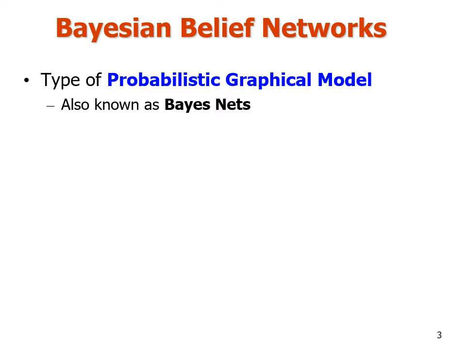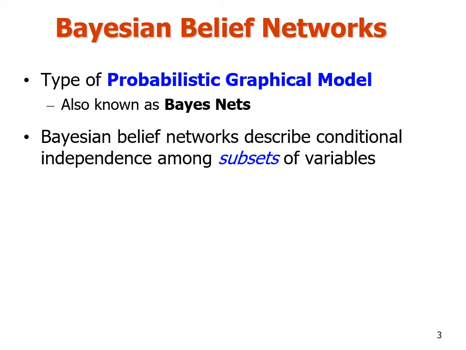But in contrast, Bayesian belief networks allow us to state conditional independence assumptions that apply to a subset of the variables, meaning it is allowed under Bayesian belief network to provide the conditional independence assumptions for a particular set of variables.